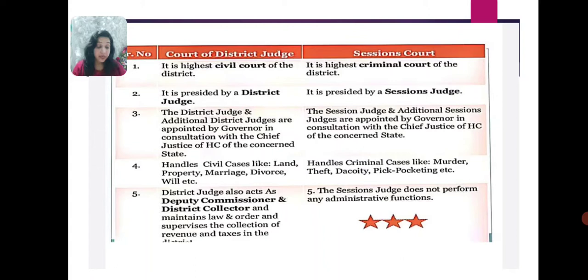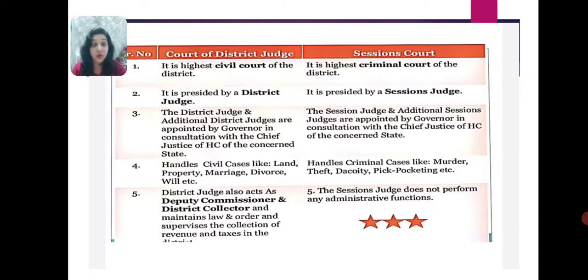Then it is very important to understand the district court, and who will be the chief judge of the district court. District magistrate, that we call a DM. Okay, district magistrate. So it is the highest civil court.